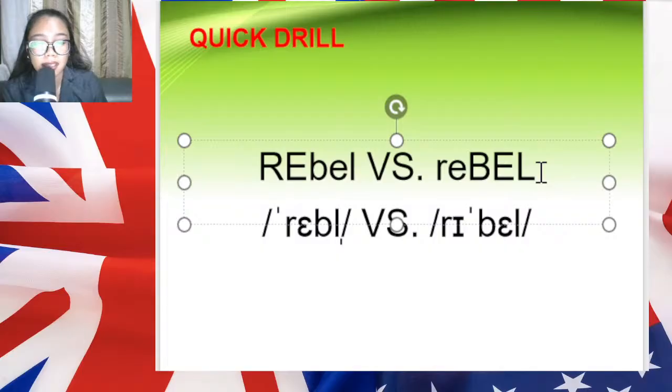Okay, that's it. While for the first word where the first syllable is stressed, like rebel, again, rebel, what kind of part of speech do you think it is? I am referring to a defier, a person who goes against rules or authority.